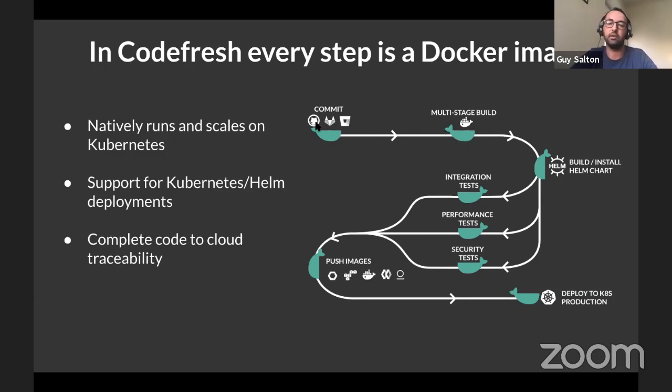So the actual cloning of your repository, running the build, running different tests, performing the deployment, each of these actions will run in a container. We have built-in support for Kubernetes and Helm deployments with complete traceability between the code and the actual deployment. So both CI and CD aspects in the same platform.